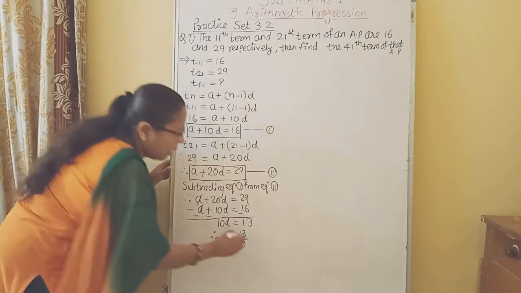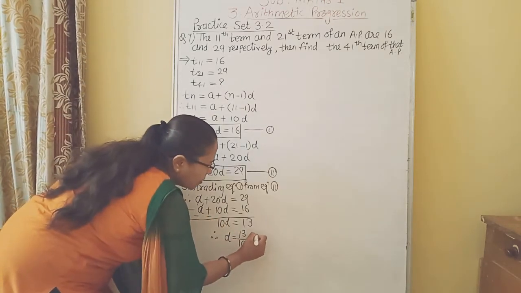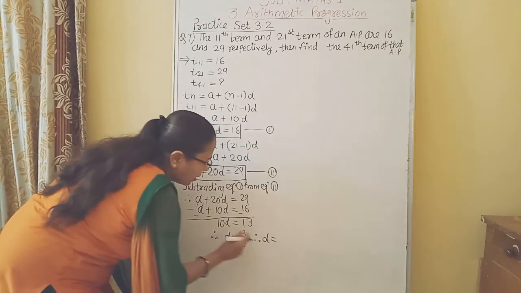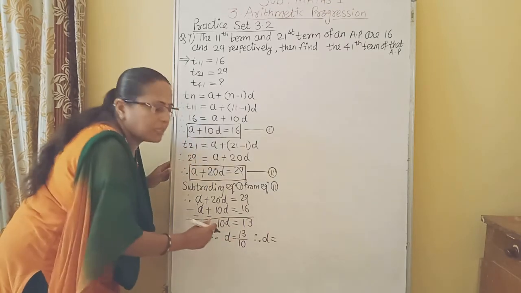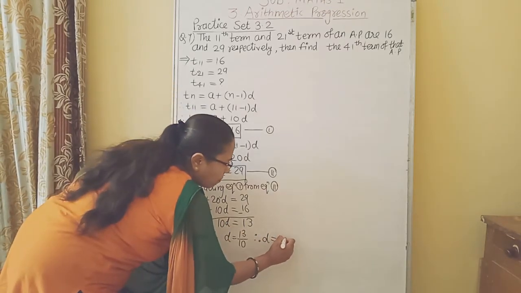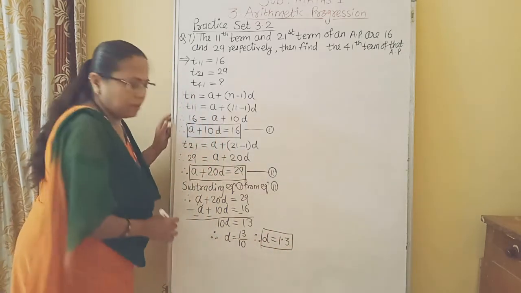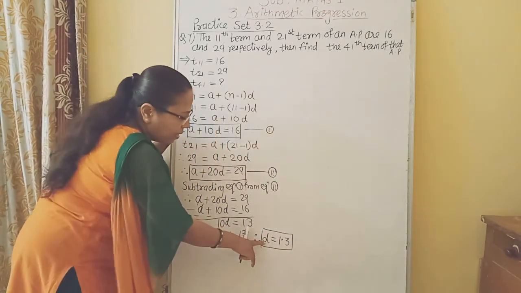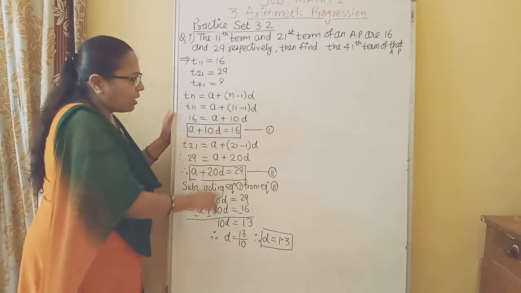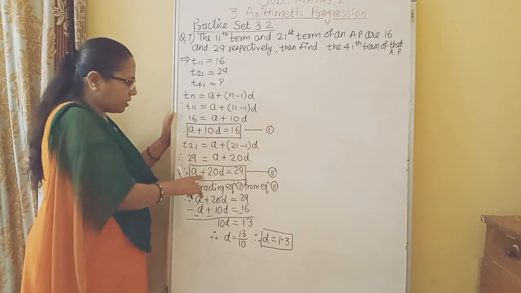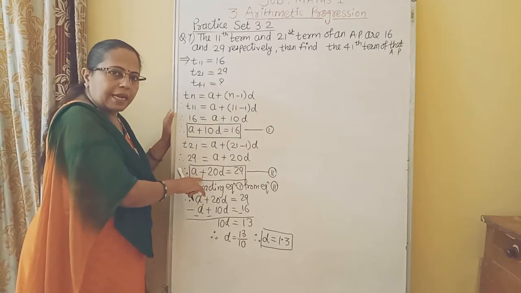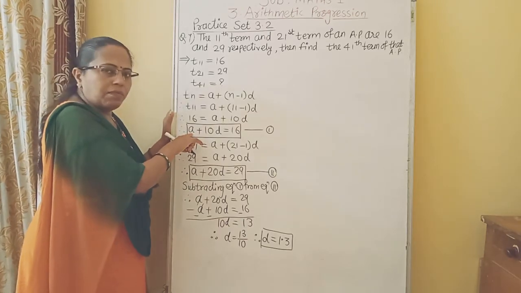Write in decimal form: 1.3. Now we got the value of D. Now this value we will substitute either in the first equation or in the second equation, and we will get the value of A.